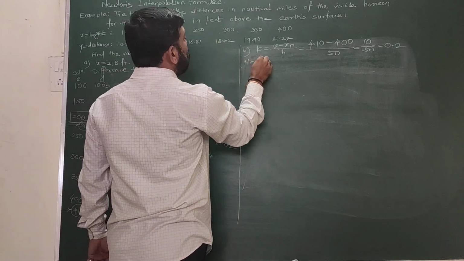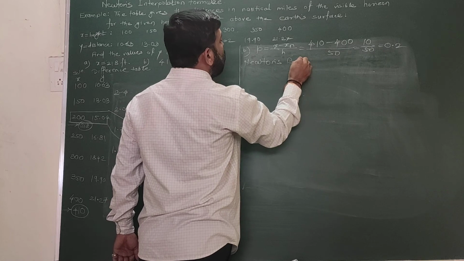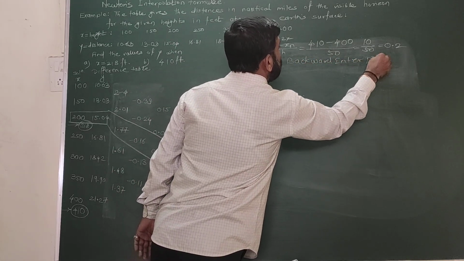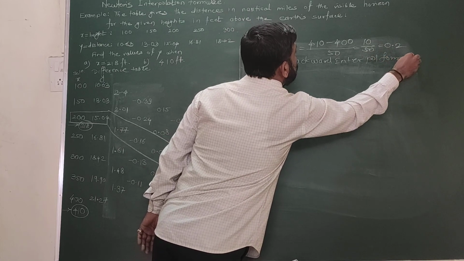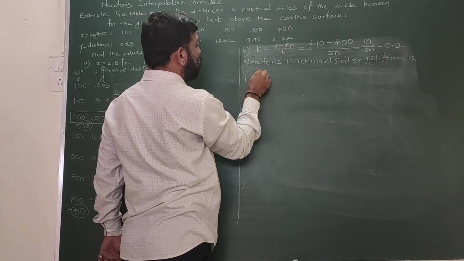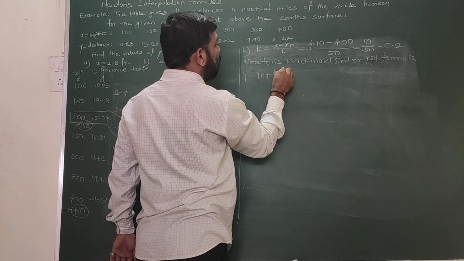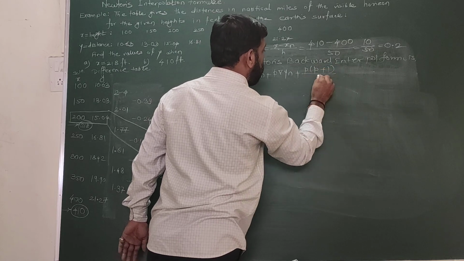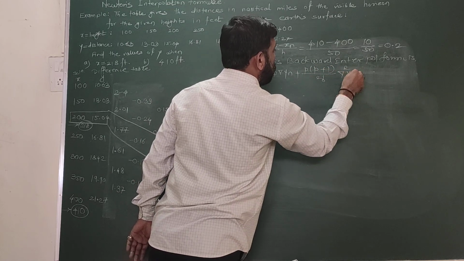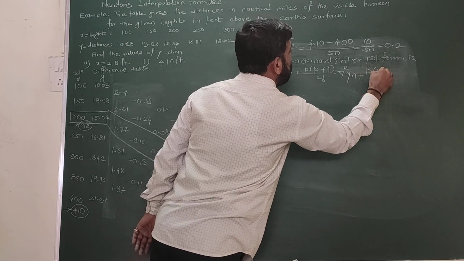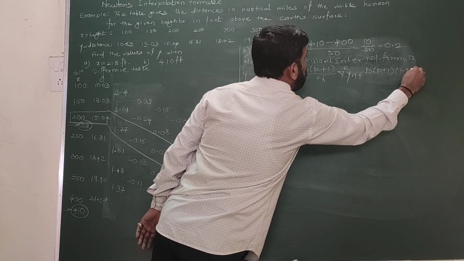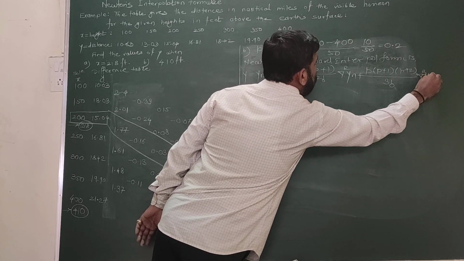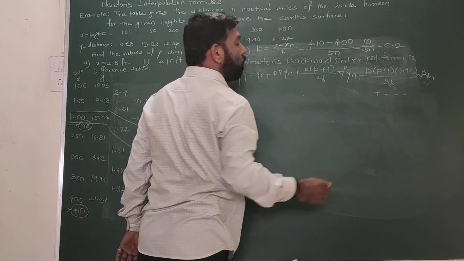Now Newton's backward interpolation formula is y is equal to yn plus p del yn plus p into p plus 1 upon 2 factorial del squared yn plus p into p plus 1 into p plus 2 upon 3 factorial del cubed yn, and so on.